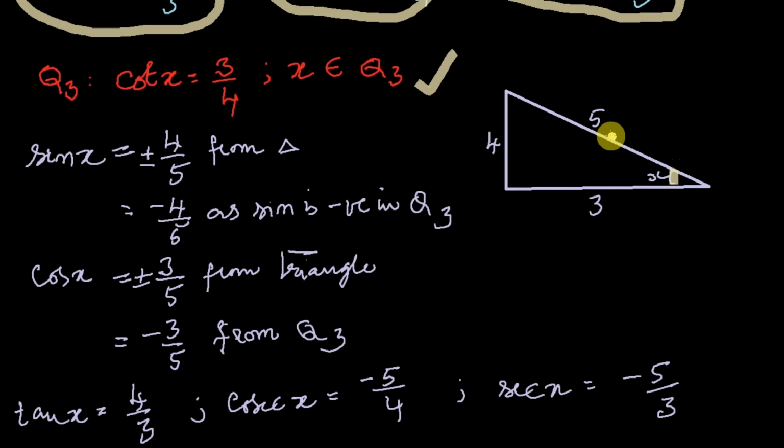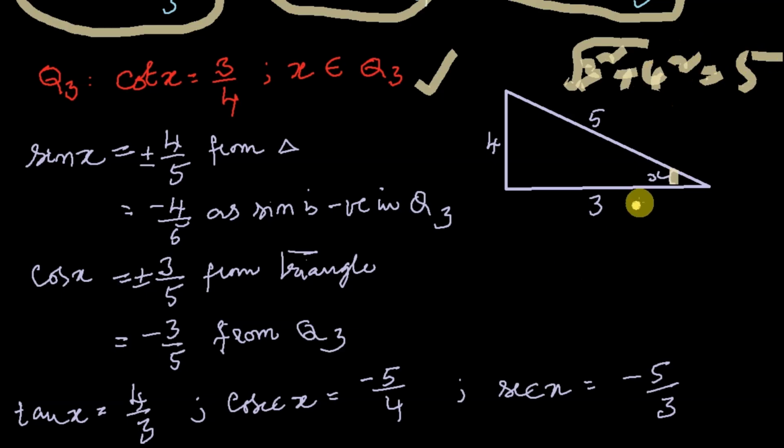3 by 4, and this becomes 5. Root of 3 square plus 4 square equals 5. That is the hypotenuse. So sin x is opposite by hypotenuse, plus or minus 4 by 5.